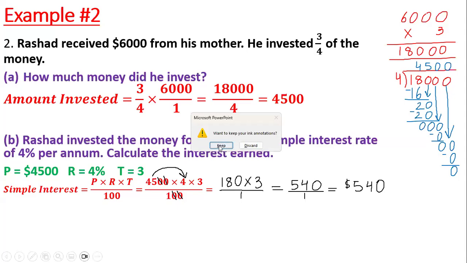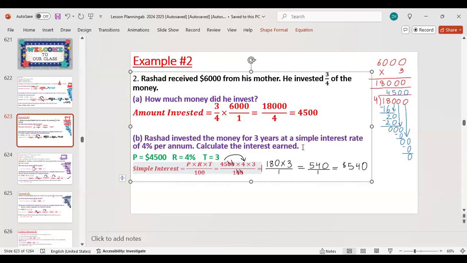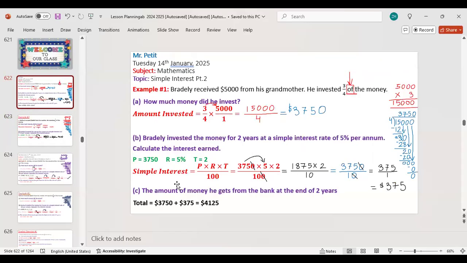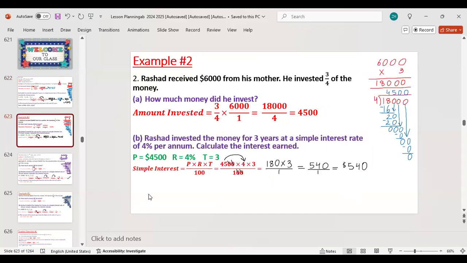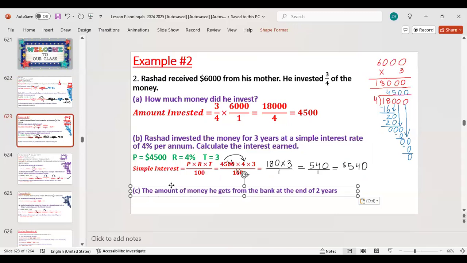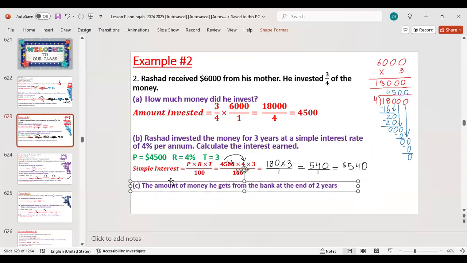All right, so it's going to be 540. Excellent. Next, the final answer is going to be, y'all know it. That's the total money we got at the end of 3 years, 5,040. So we have to add the two, right? Let's go ahead and add them.